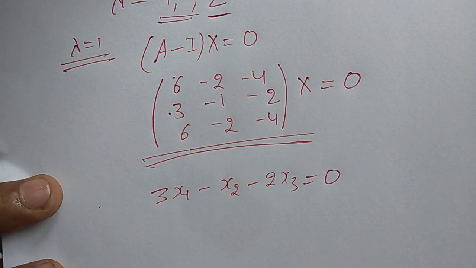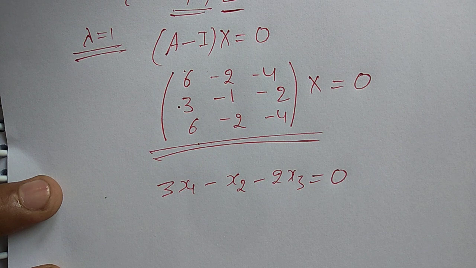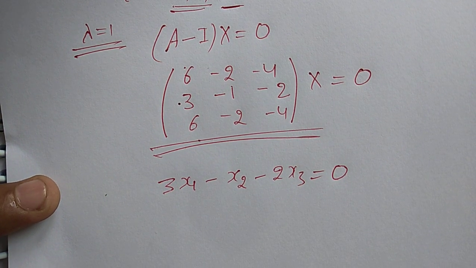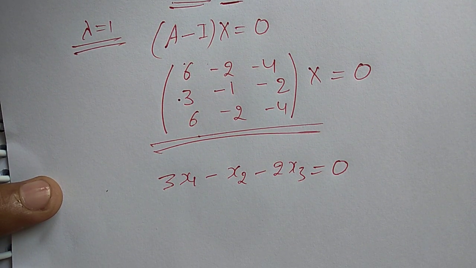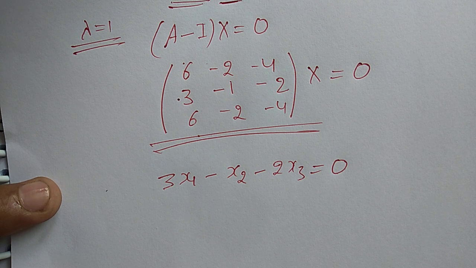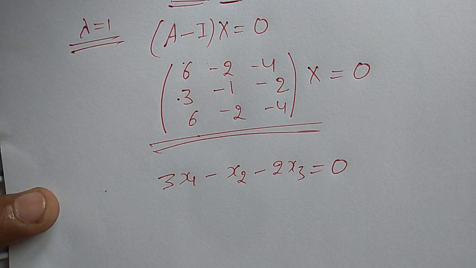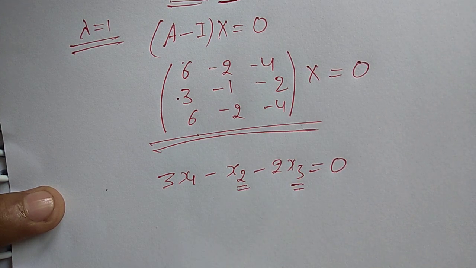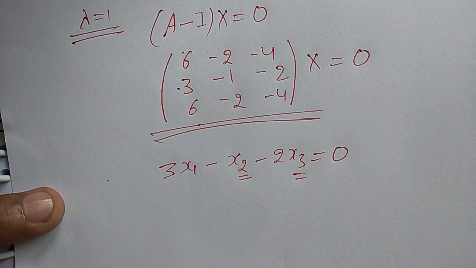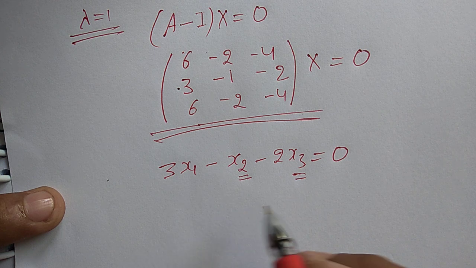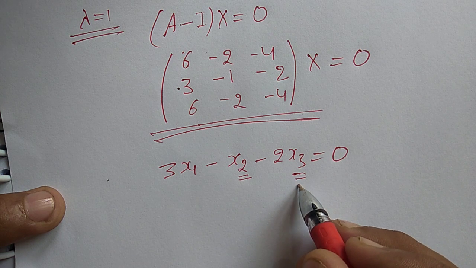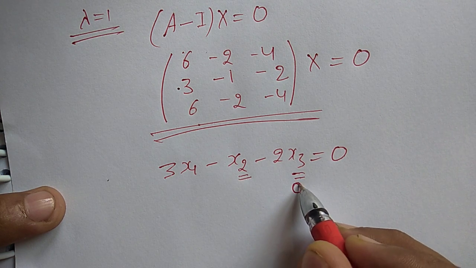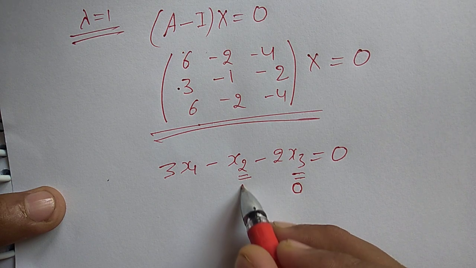Now here we have one equation and three variables. So two will be independent variables, or we say free variables. So x3 and x2 are free variables. In the first case, let x3 equal to 0 and x2 equal to 1.